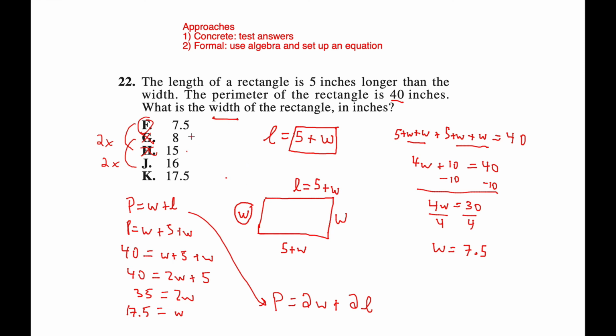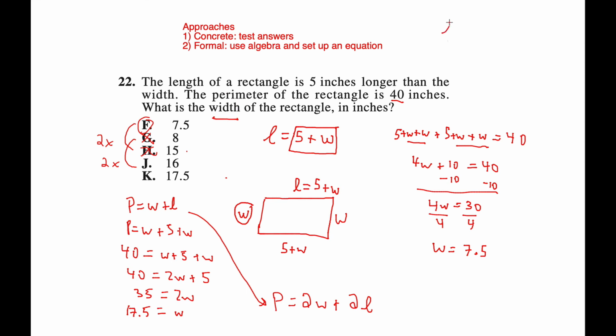And then for answer choice G, I'm not entirely sure how they came up with that answer. It's possible that someone could misread this question if they're reading it really quickly and basically read this as just the length is 5 instead of being 5 inches longer than the width, and then also think that the perimeter is the area for some reason.